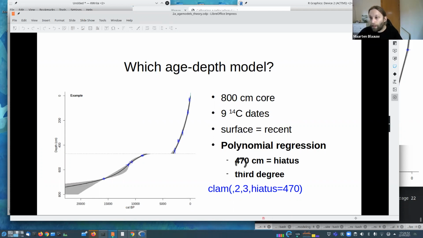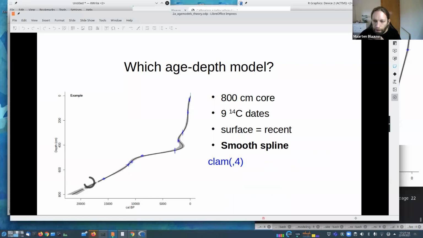Or a third degree polynomial regression. Why not? Well, there might be many reasons why not, because it very quickly becomes very unpredictable. If you add more degrees to your polynomial function, it will start doing extremely weird things, especially at the ends. So then it quickly becomes very, very weird.